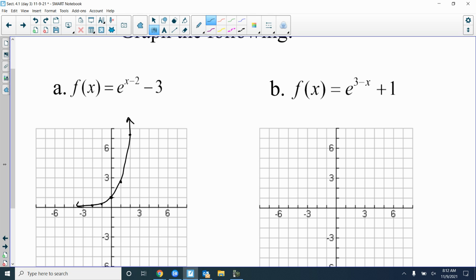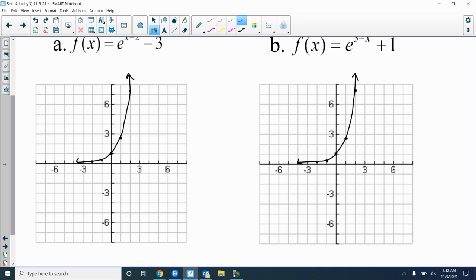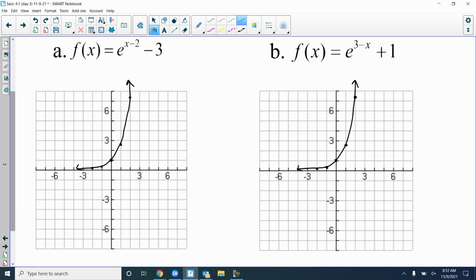So I got 0.14, 0.4, 0, 1, 2.7, and 7.4. Now you just want to take a look according to that graph.